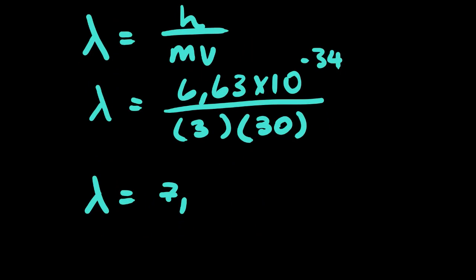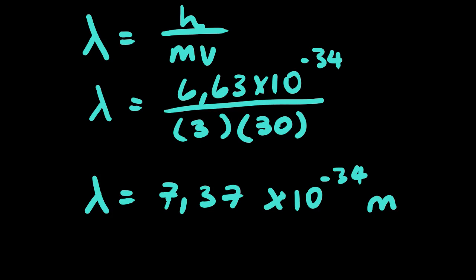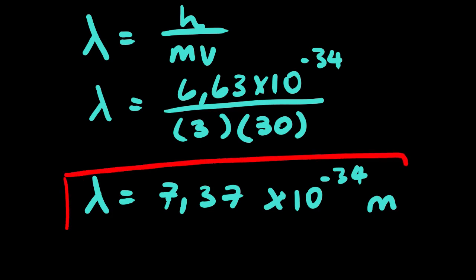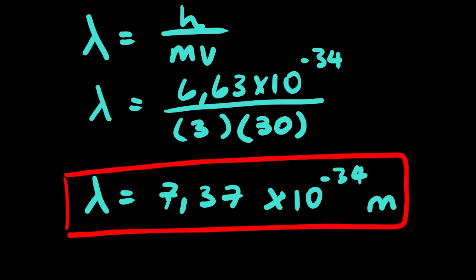The wavelength is 7.37 times 10 to the power negative 34. Now we know that the wavelength is measured in meters. So this is the answer to the first example.